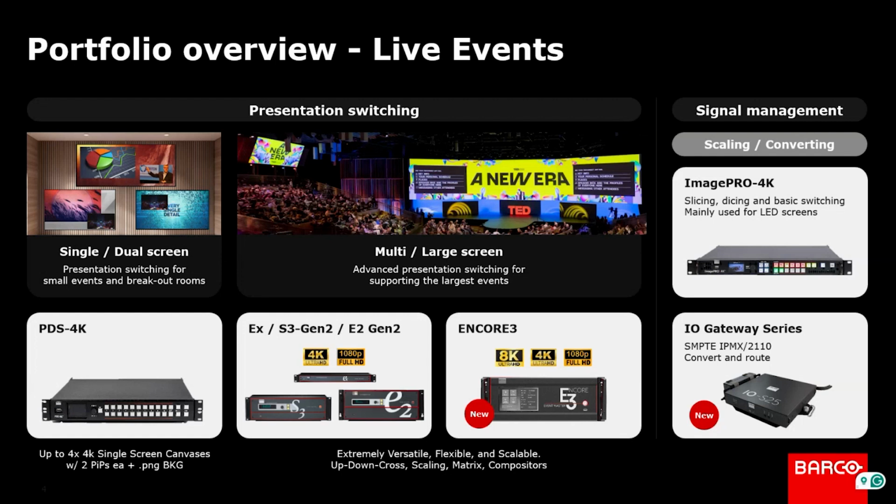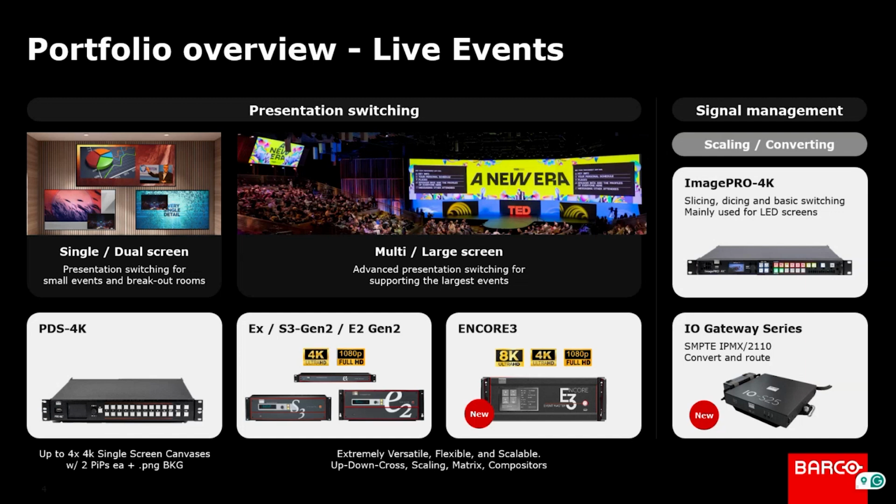If we look at stuff like signal management, the Image Pro 4K and even the EX are kind of classified in those. That's pretty cool stuff for slicing, dicing, very basic switching. Now what I like to think is the real value prop behind the Image Pro 4K is it's an up-down cross converter, meaning it can upscale, downscale, or cross convert between connectors at ultra low latency, ultra high fidelity.